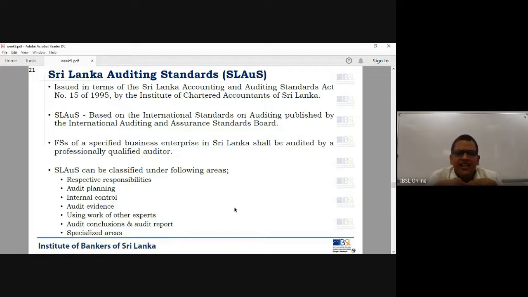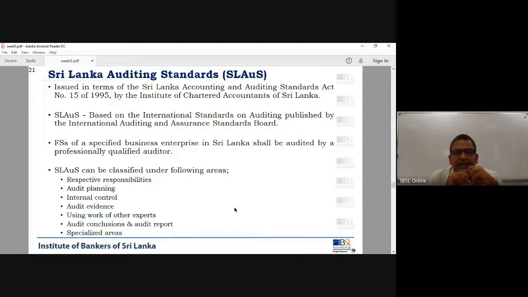And in Sri Lanka, one of the requirements is that the financial statements of specified business enterprises shall be audited by a professionally qualified auditor. So this is one of the requirements mentioned here.